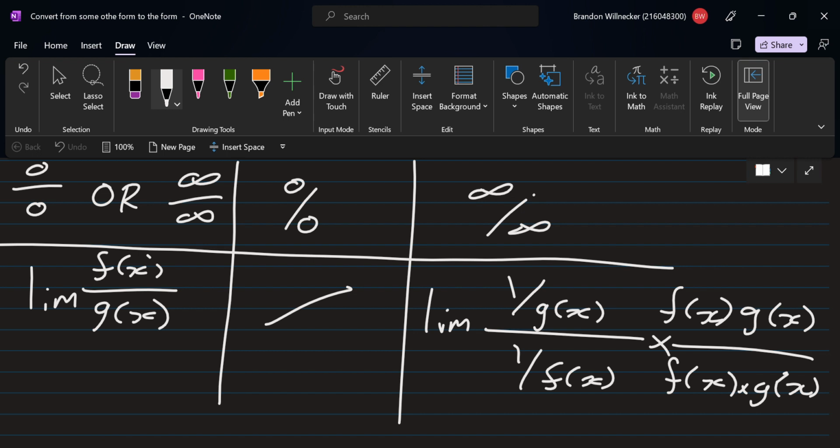But look at the top, we have 1 over g of x times f of x times g of x. The 1 over g of x cancels with the g of x, and the top is just left with f. In the bottom, we have 1 over f of x times f of x times g of x. The 1 over f and the f, they cancel, and we're just left with g, which is what we started with. Okay, anybody still confused with that? Okay, please put your hand up if you're confused. I can go through it again.